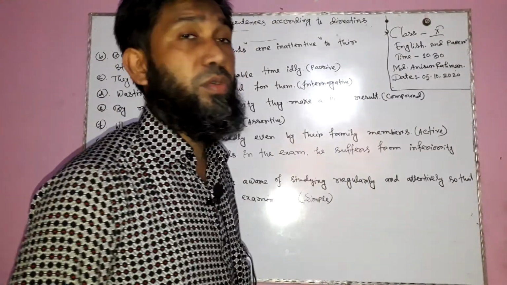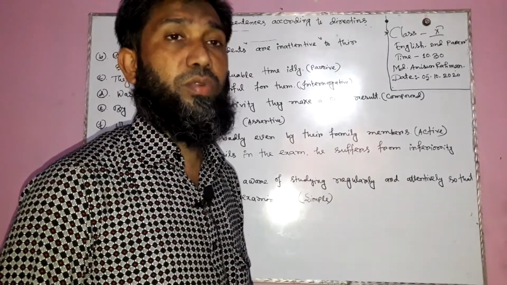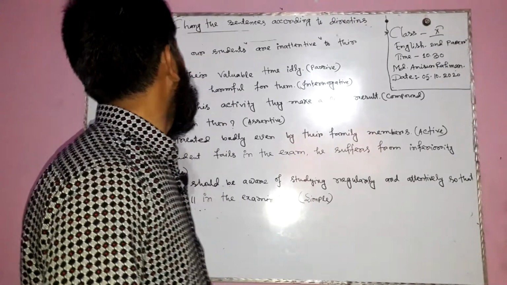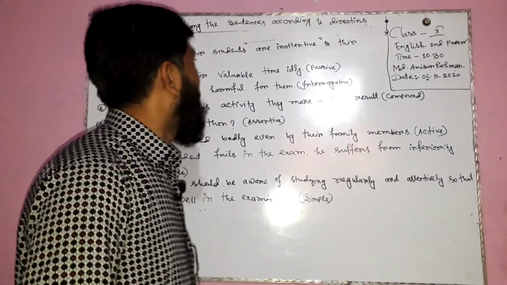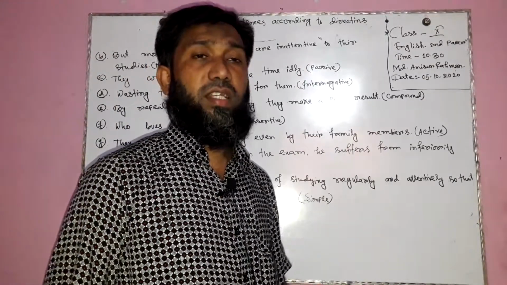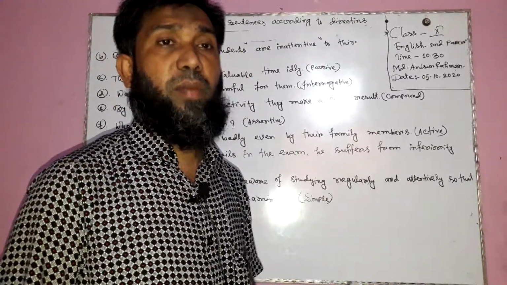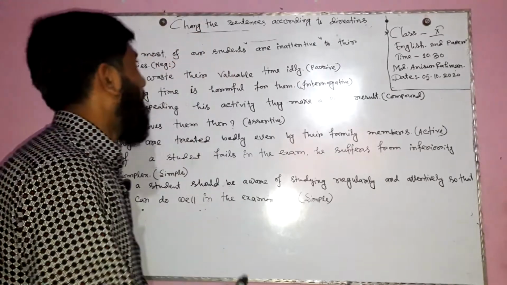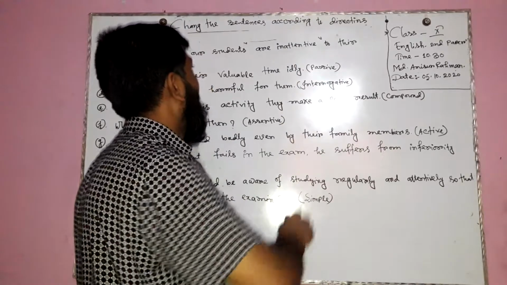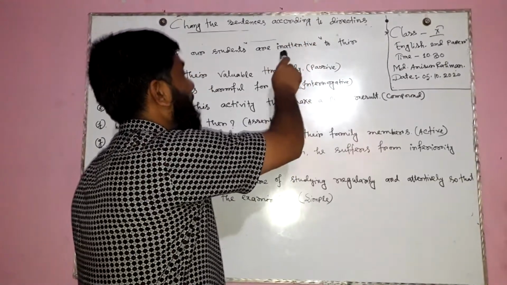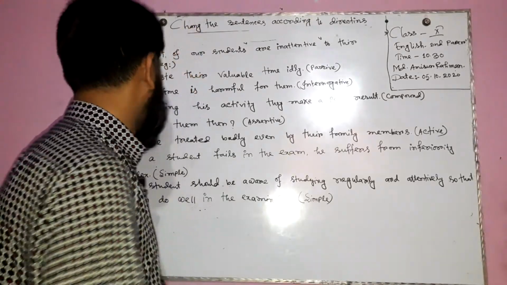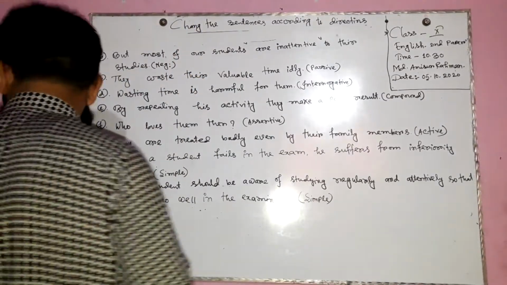So when we change into negative, we need to use the auxiliary verb, and also add not after the auxiliary verb, and then we have to change this word into its opposite form. Here is inattentive, so we change this word to attentive in this way. Now I would like to give you the answer.